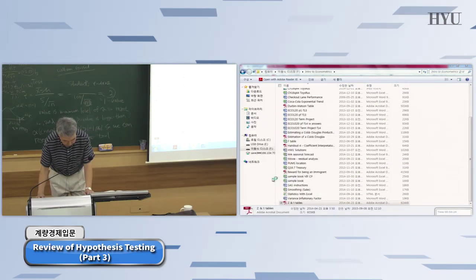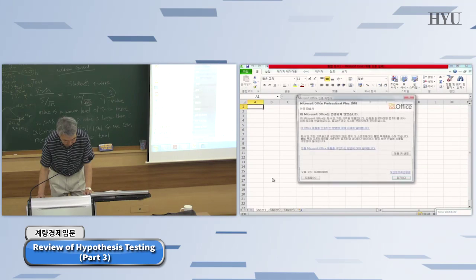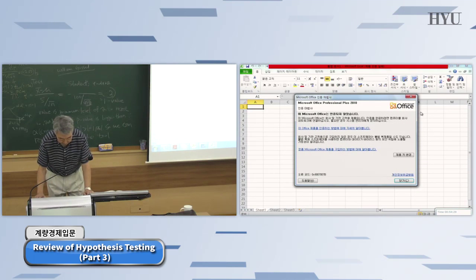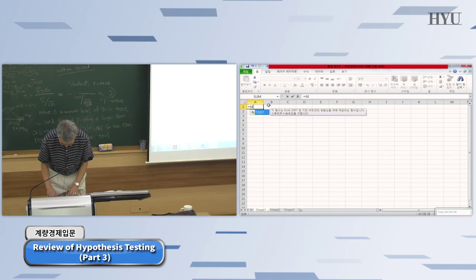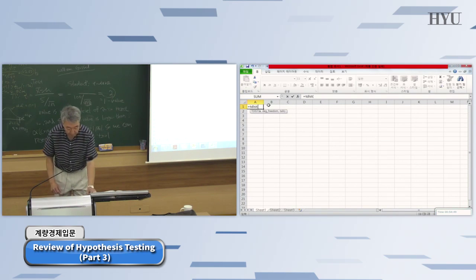But if you open up Excel, in case you want to use a p-value, you can say equal TDIST, and open the parenthesis, and you give a critical t-value.